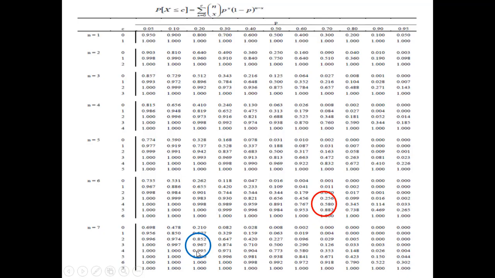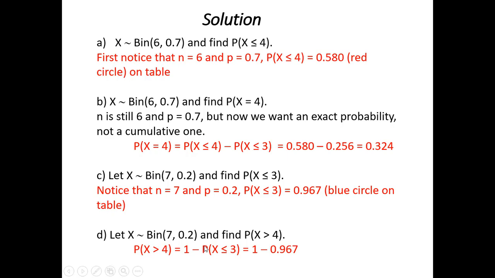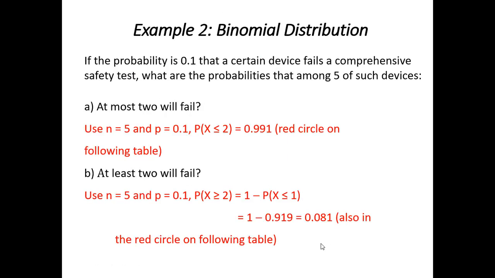That would be this value right here, 0.967. Okay, you can see we have this again. So our answer would be 1 minus 0.967. So let's see, I see that number isn't here, but easy to find. We get, what do we get? 0.033, I believe.